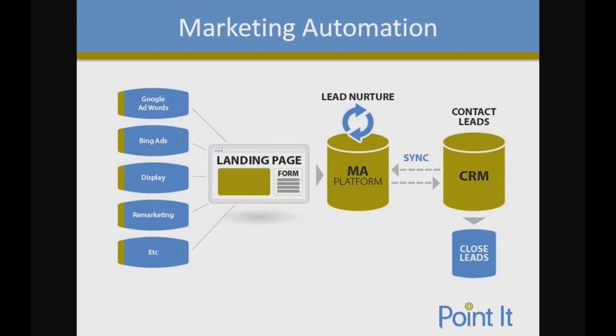On the left side, we have inbound marketing, taking your user to a landing page with a form on it. That user fills out the form, and with the help of a marketing automation platform, you're able to nurture that lead, sync that information with sales, tell sales how interested that lead is in your company, and ultimately close the lead into a customer.